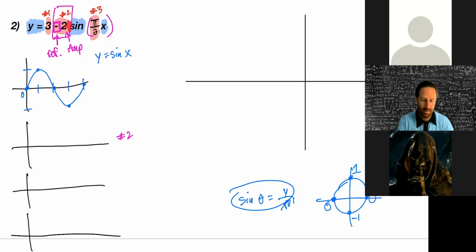Does it say add by -2? No, it says to multiply. And remember, y's are y's. We're going to do what it says. We're going to take all of our y values for our 5 key points, and we're going to multiply them by -2. What happens when you multiply all of these zeros by a -2? It's still 0. Beautiful.